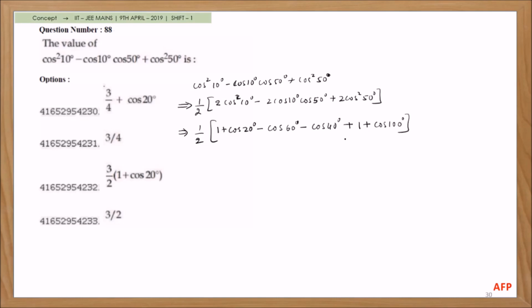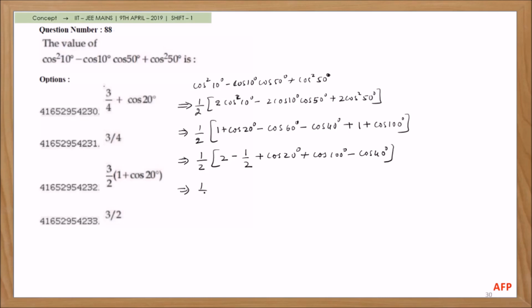So this implies 1 divided by 2, so this is nothing but 2 you are going to get, and here cos 60 is nothing but 1 by 2, plus cos 20 degrees plus cos 100 degrees minus cos of 40 degrees.